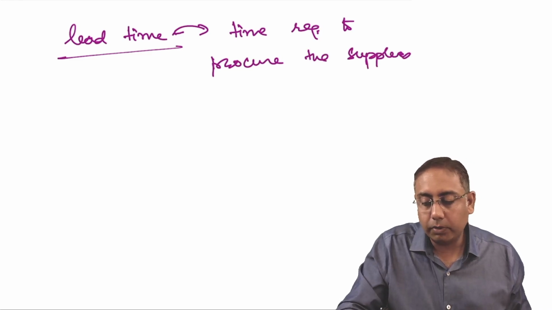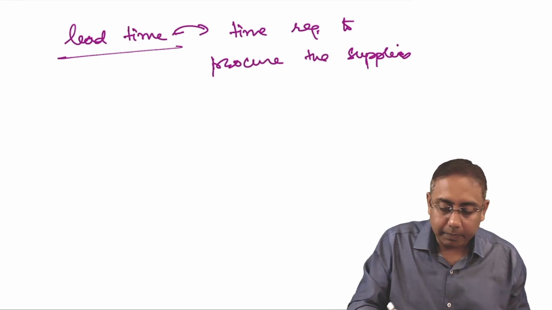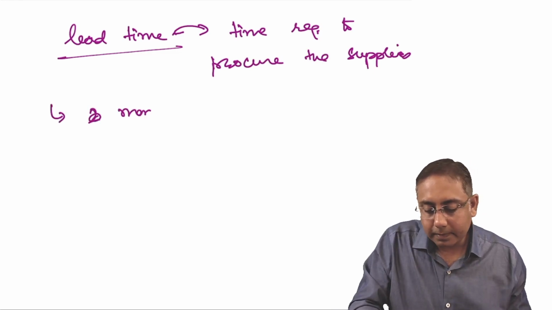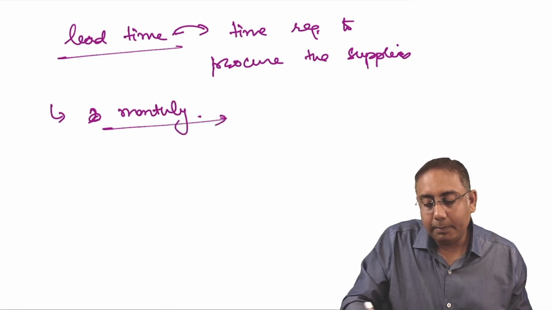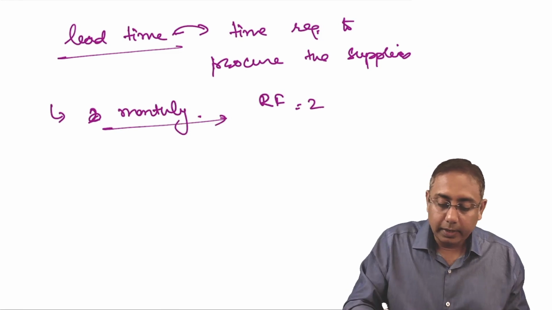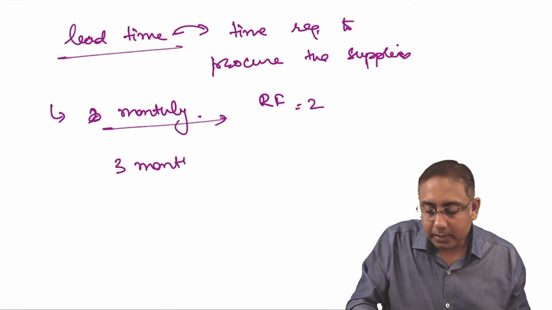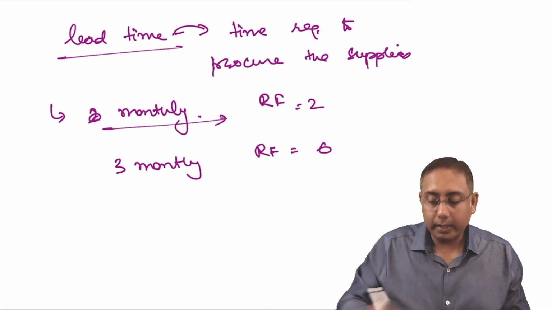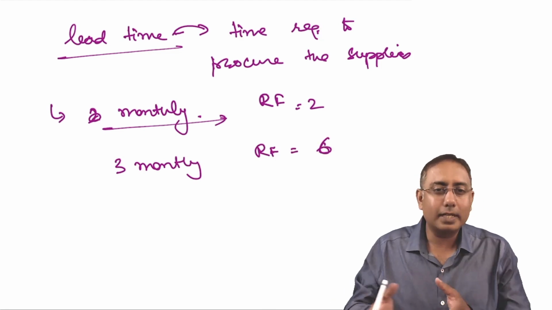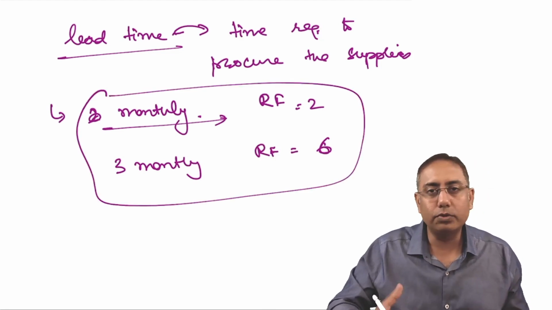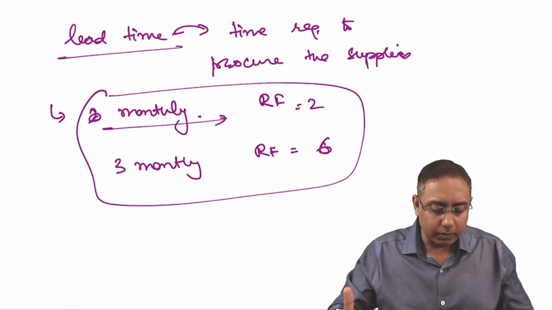If the procurement of supplies is done on monthly basis, the reorder factor is taken as 2. If it is done on 3 monthly basis, the reorder factor is taken as 6. Right? So just remember 3 monthly is 6 and 1 month is 2 times. That's the most common one that we are using in the public health system in India also.